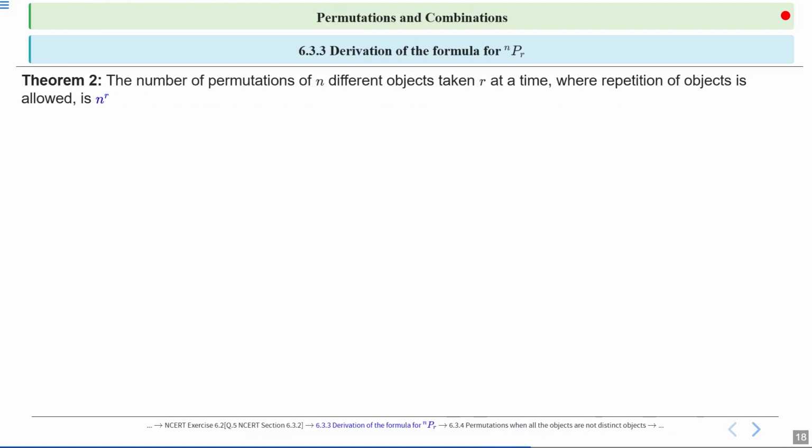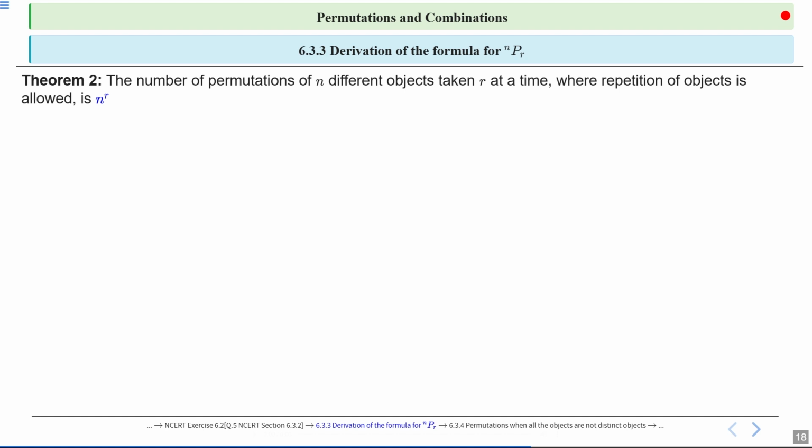Now look at theorem 2. Theorem 2 states that the number of permutations of n different objects taken r at a time, where repetition of objects is allowed, is n to the power r, which represents the total number of possible arrangements when you have n different objects and you are arranging r objects at a time.